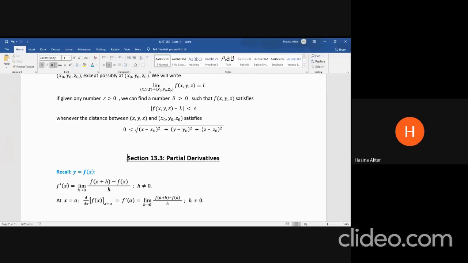This is a very good observation. I will get back to the continuity of a function with that kind of exercise by the end of section 13.3. Okay, so 13.2 is done.